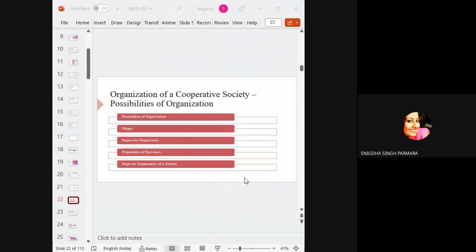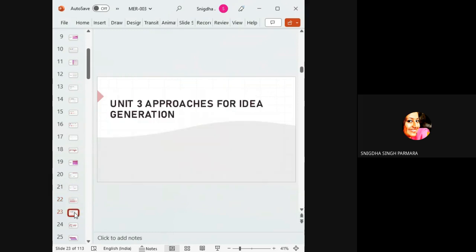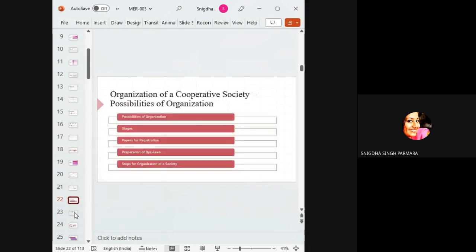The bylaws need to be prepared and implemented, and the registration process has to be completed. The roles of members have to be enlisted, and thereafter they can work in the form of a cooperative society, under a cooperative society.